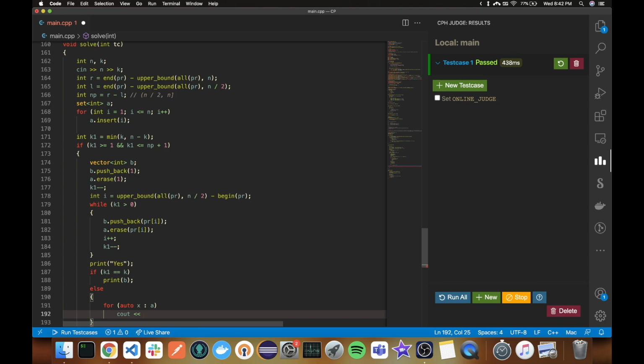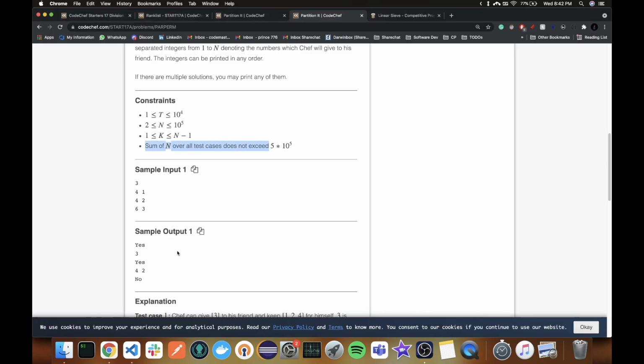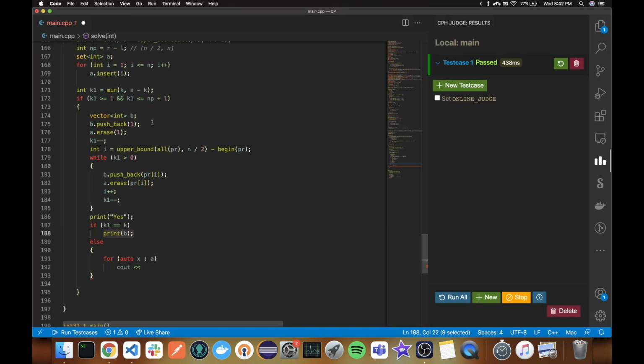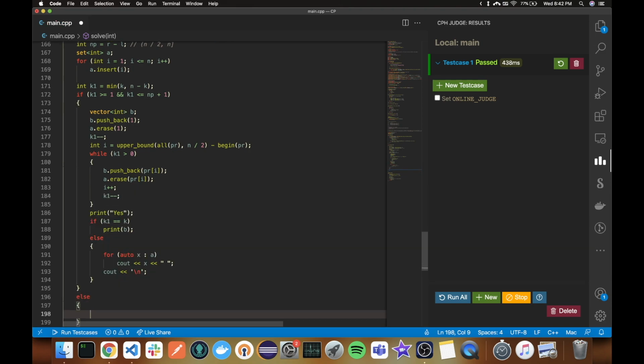So if K1 was K, the set that we have to print, if that was the smaller one, then I'm just going to print B because that's what we are forming. Otherwise, I'm just going to print the remaining elements from the initial set, and that would be the answer. Otherwise, if that was not the case, then we just could not do it.